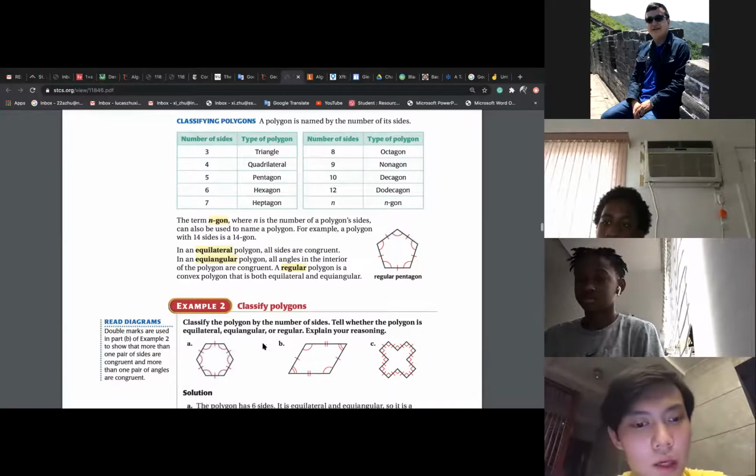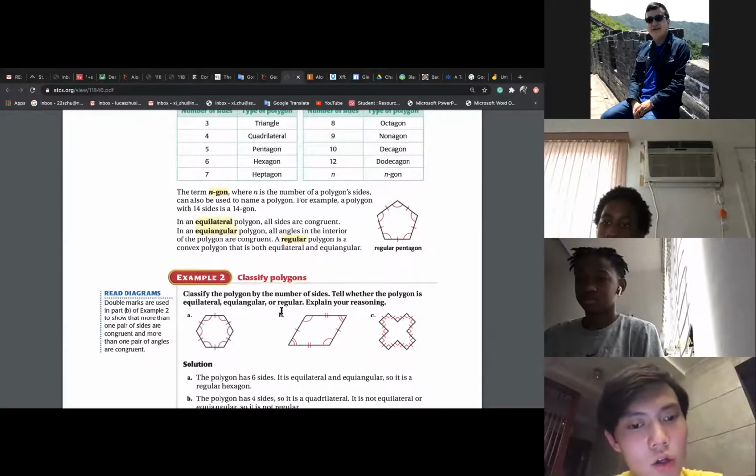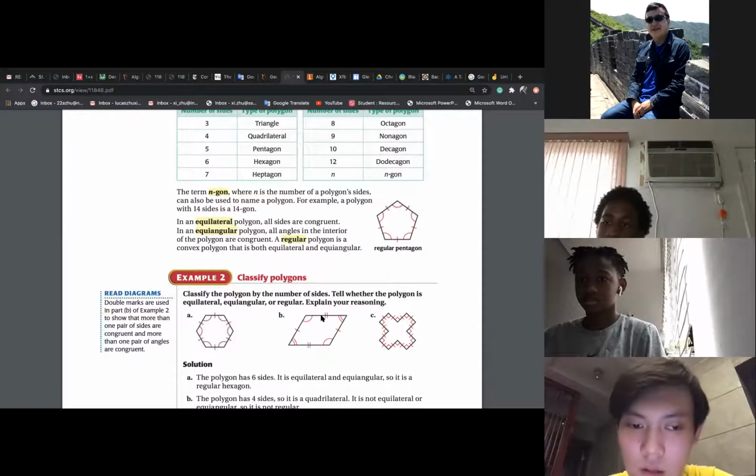Honestly, I don't think this is quite right. It should be none, because look over here. It only tells you that the opposite lines, the bottom line and the top line, are congruent, and the side lines are congruent, but you don't know that the side lines and the bottom line are congruent.